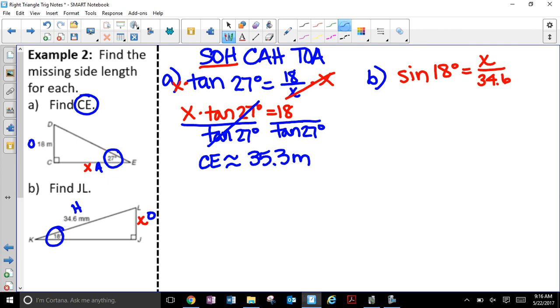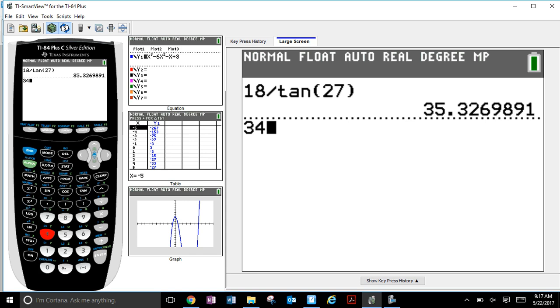Okay, now we do algebra to solve. So X is in the numerator, great. So X divided by 34.6, I need to multiply by 34.6 to get rid of it. Okay, so then I'm going to go to my calculator, 34.6 times sine 18.